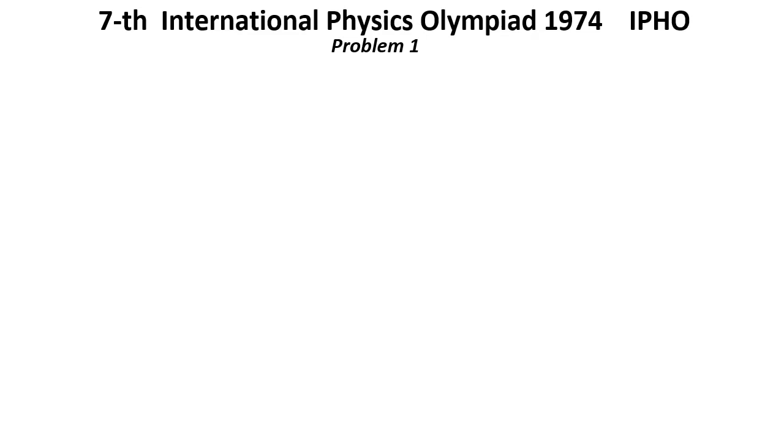Solution for problem number 1. According to the Bohr model, the energy levels of the hydrogen atom are given by the formula En equals negative EI over n squared, where n are quantum numbers 1, 2, 3, etc. The ground state corresponds to n equals 1, while the lowest excited state corresponds to n equals 2.